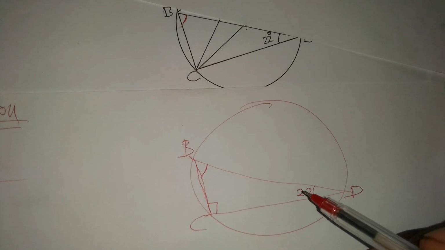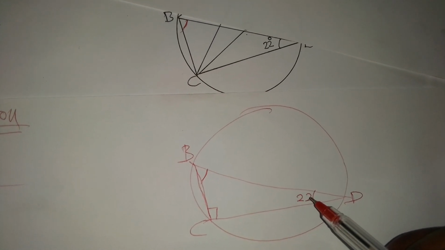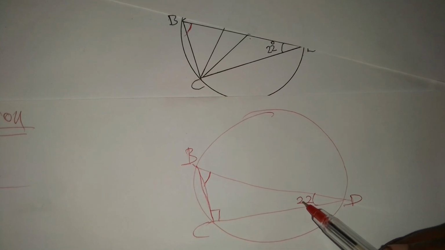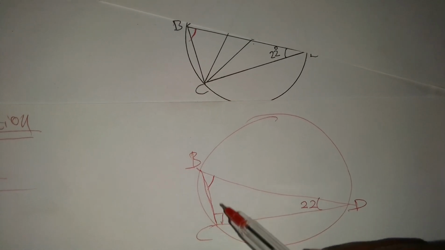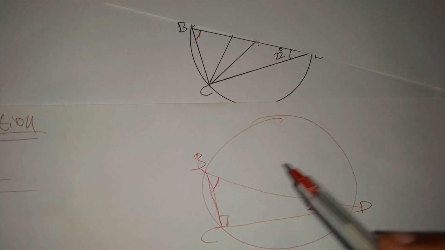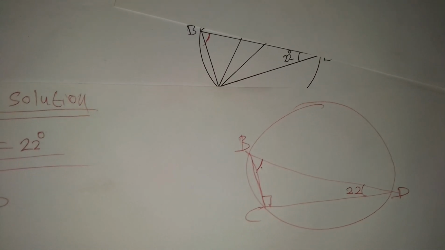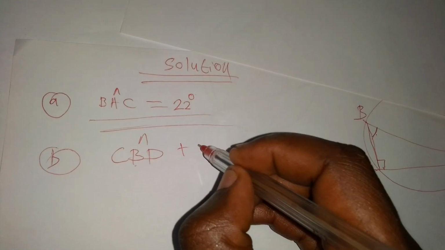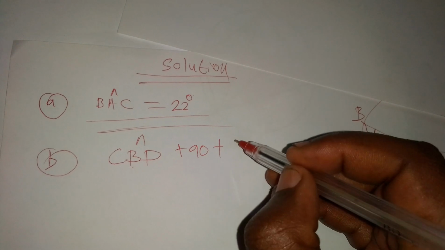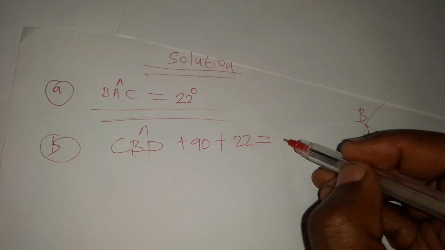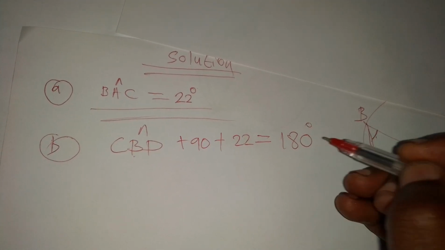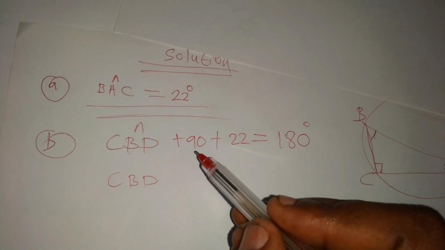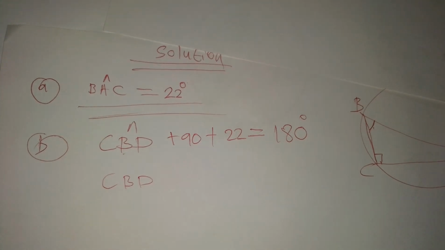We know that the interior angles of a triangle add up to 180 degrees. So 22 plus 90 plus the angle which is there should give 180. Just say CBD plus 90 plus 22 is equal to 180 degrees. First of all, we are going to add 90 plus 22.